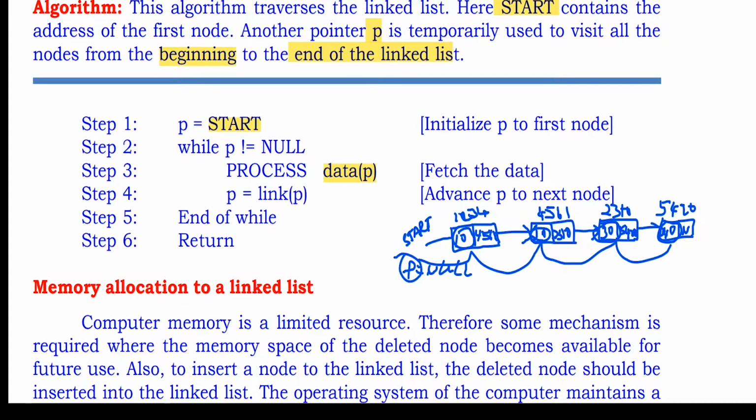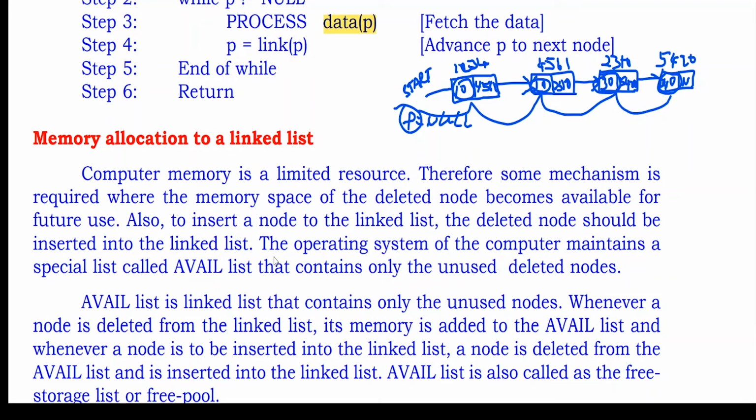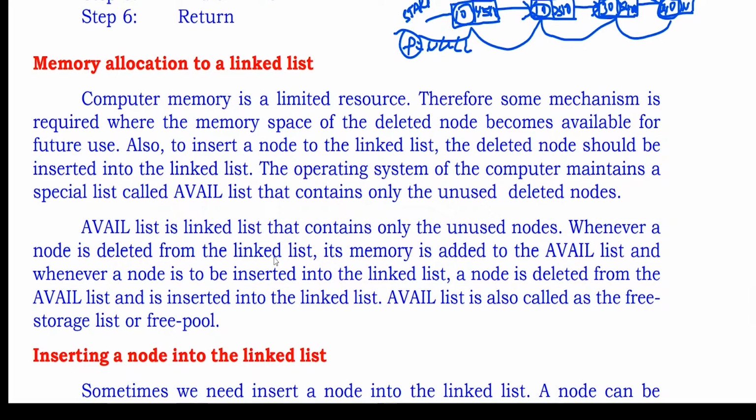So let us learn something about memory allocation for the linked list. Already we know memory is allocated from the free list, that is the availability list, from the computer memory. So we take memory from the free storage, and that free storage is called the availability list.